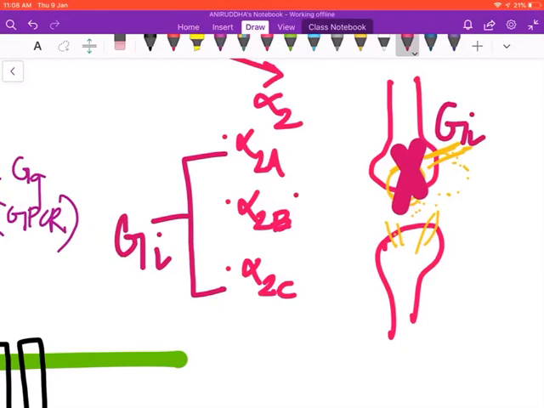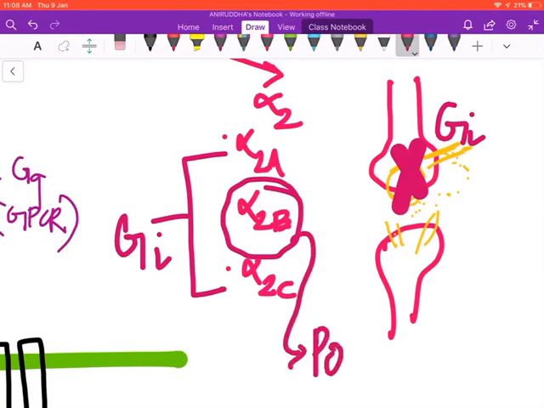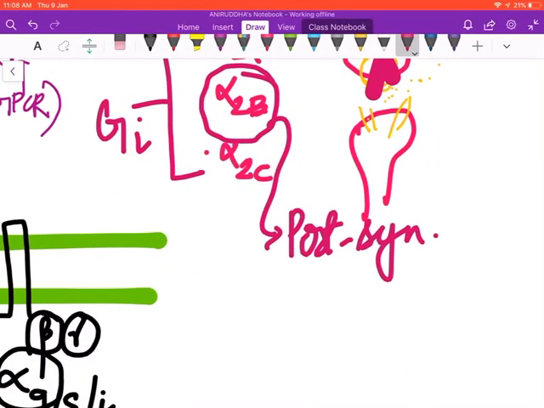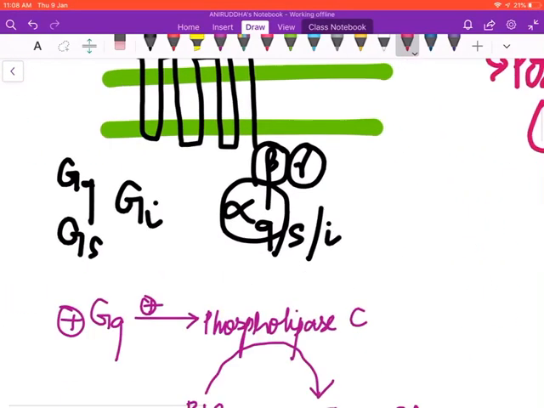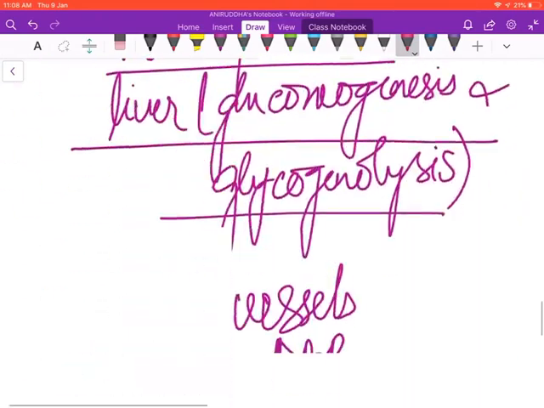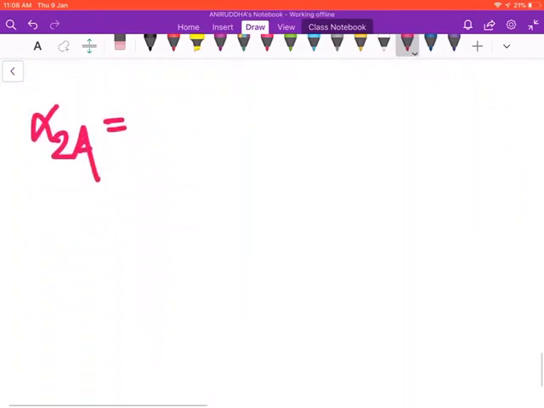Alpha 2B is present postsynaptically and it is a Gq type of receptor. Now what are their specific locations? Coming to that, the alpha 2A is found primarily on the presynaptic adrenergic neurons.